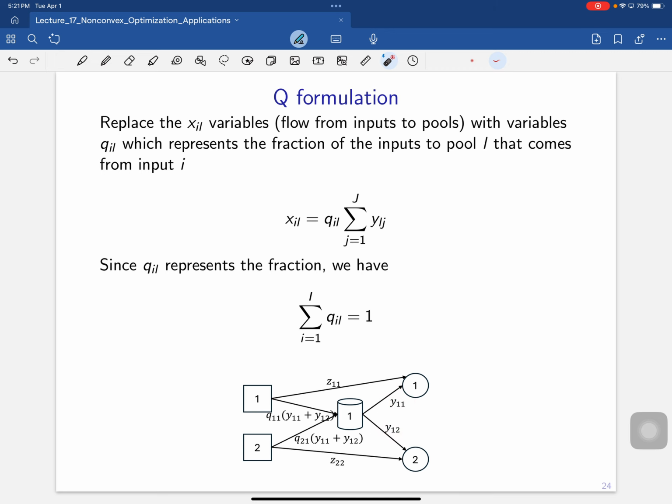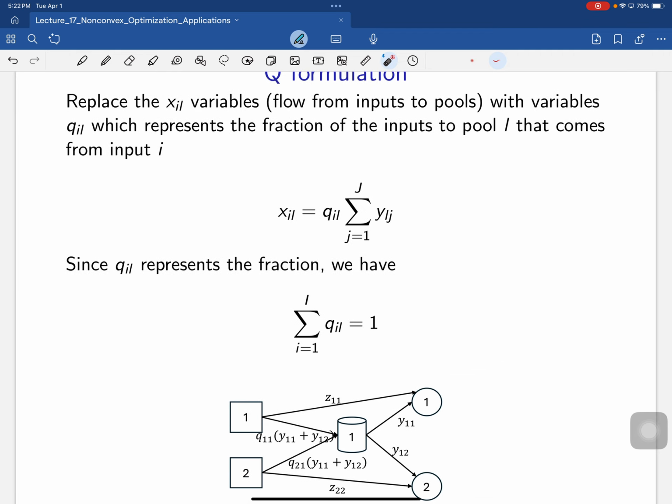Maybe let's say 40% of them come from 1, 60% comes from 2, right? Then q_11 will be 40%, q_21 will be 60%. Right? It's just another way of stating the problem. Then you can replace all the x_il variables with these q variables. Right? So all the q_il should sum to 1 in this case, right? Because it is a fraction type of variable.